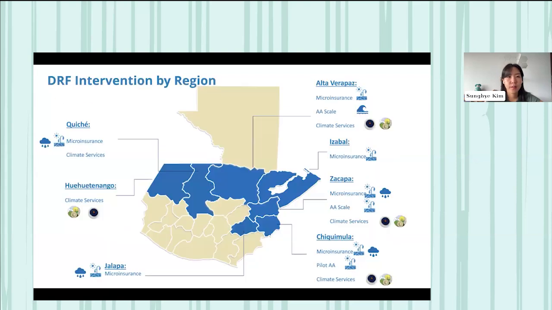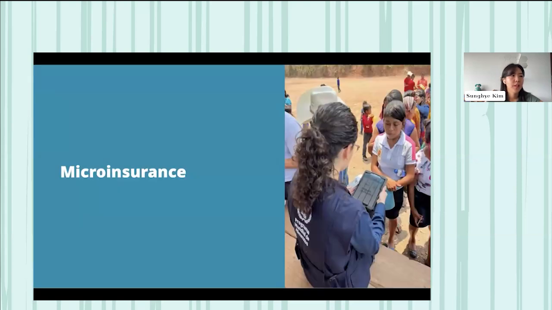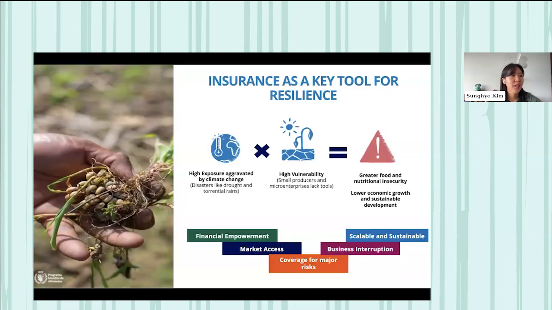Firstly, microinsurance, a key tool for resilience. This microinsurance aims to help financially struggling farmers access insurance that covers their productive activities.